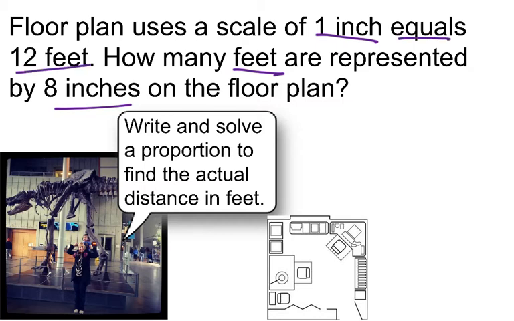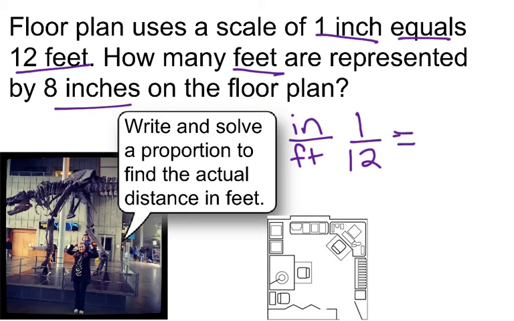So I have my first proportion. 1 inch equals 12 feet. And I'm going to rewrite inches over feet. Why did I do that? That's going to help me remember what should be in my numerator and what should be in my denominator consistently. So I have 1 inch is 12 feet for my first proportion.